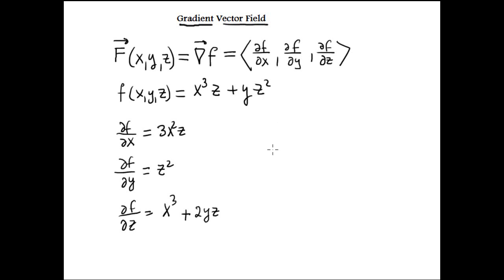Okay, therefore our gradient vector field F(x, y, z) is equal to the angular bracket 3x squared z, comma, z squared, comma, x cubed plus 2yz.